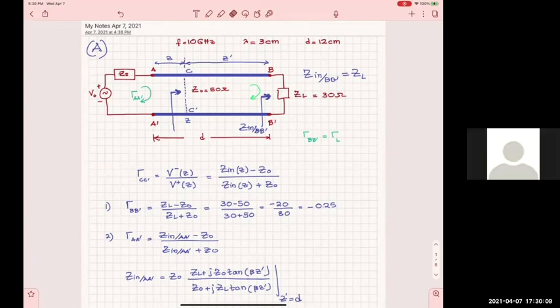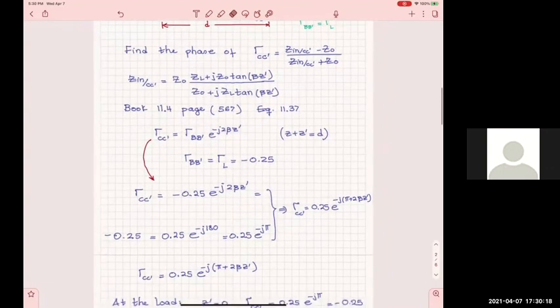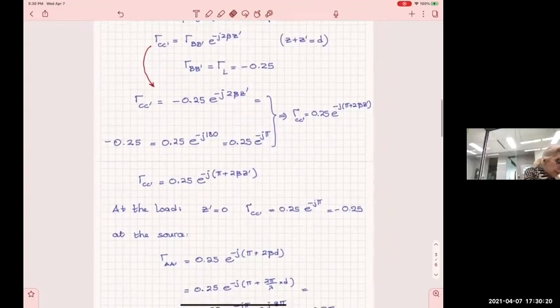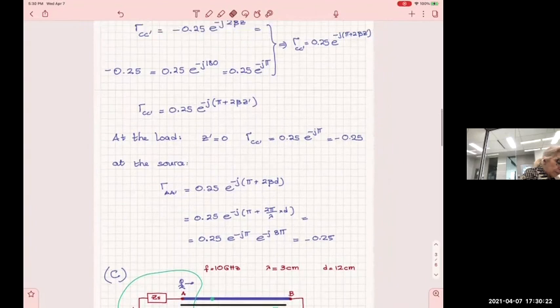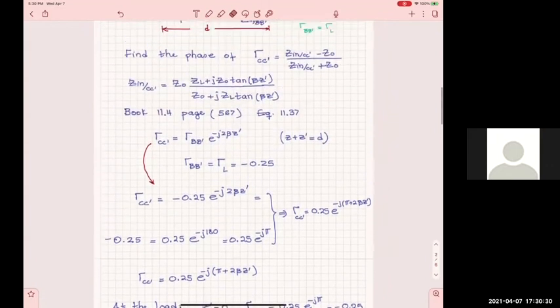I have a small question. Sure. I think it was part B, when we had to find the reflection coefficient for AA prime. Yes. Like you solved for beta D at one point, and you got 8 pi.